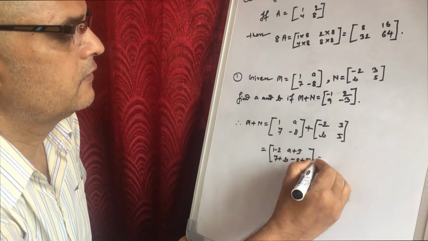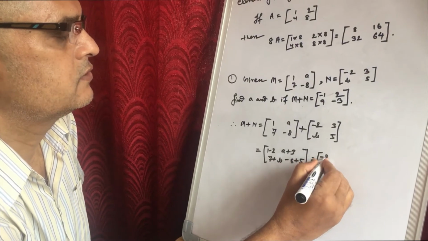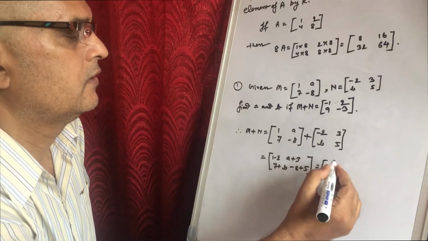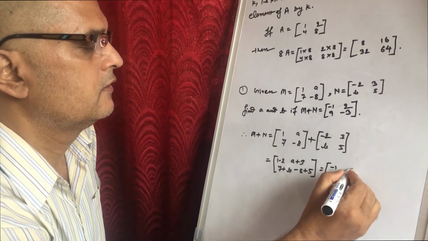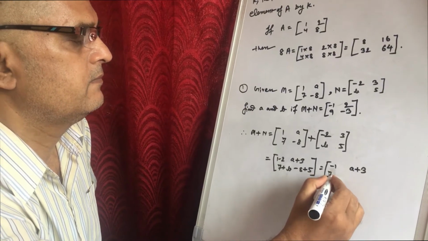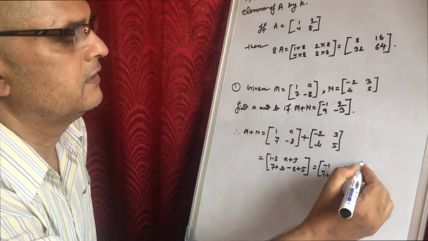So it will be minus 1, a plus 3, 7 plus b, minus 3.